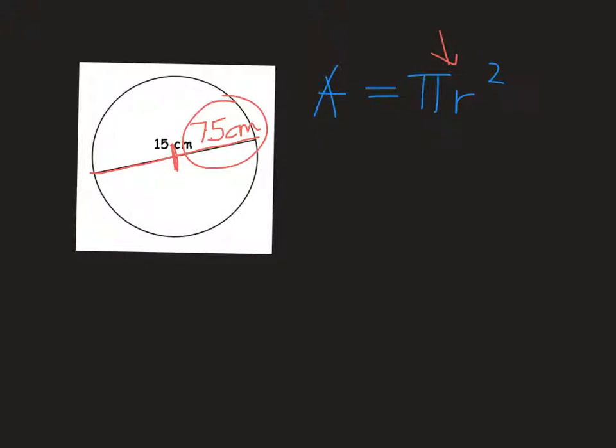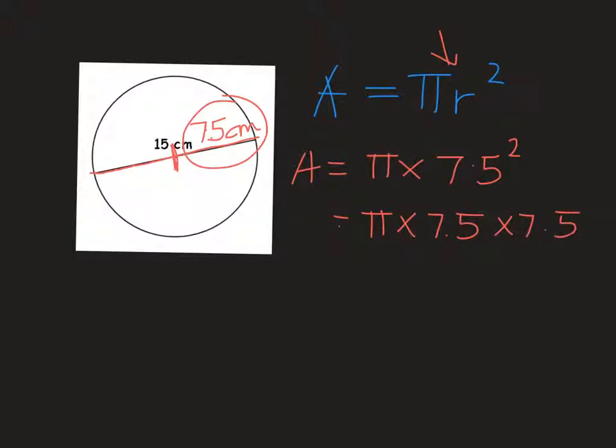So the area is going to be equal to pi times by 7.5 squared. Or you can think of that as pi times 7.5 times 7.5 again. We also know that pi is equal to 3.14 approximately.